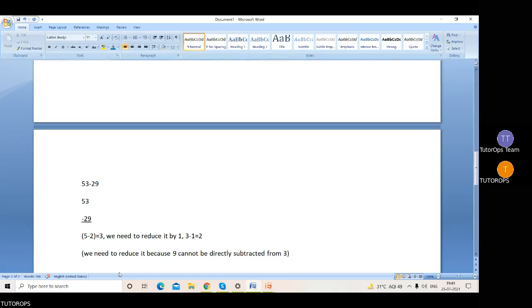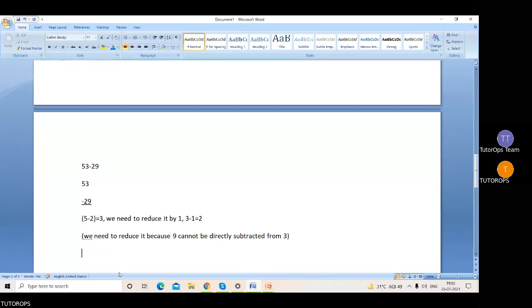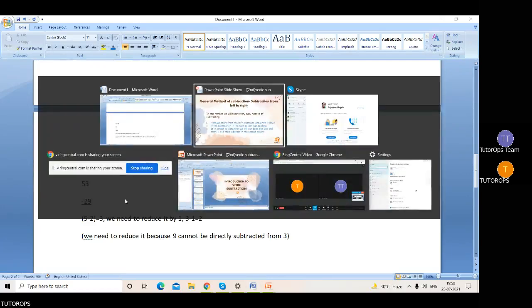You may say that 3 minus 9 will be minus 6, but I am not going to the negative part of the number line. I am keeping myself on the positive part, greater than or equal to 0. So in this way we can do subtraction from left to right. These are all methods of quick subtraction.